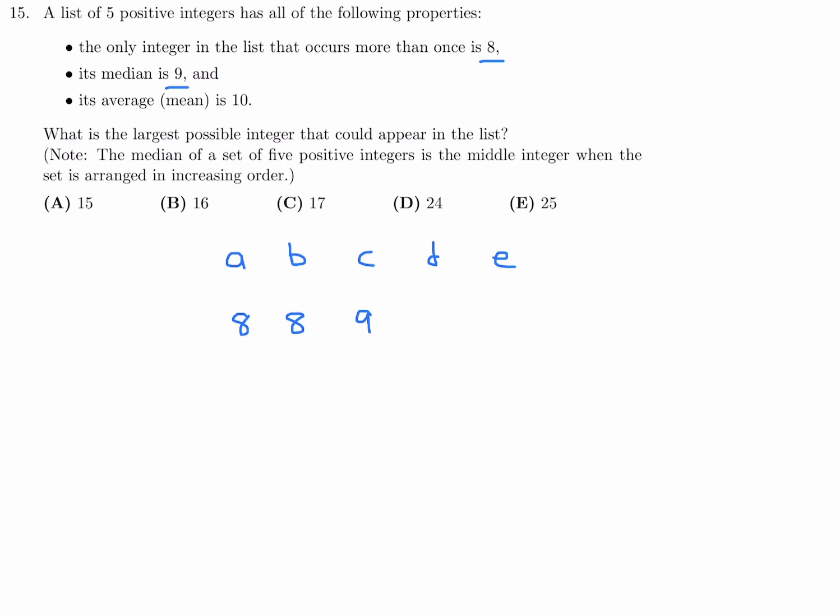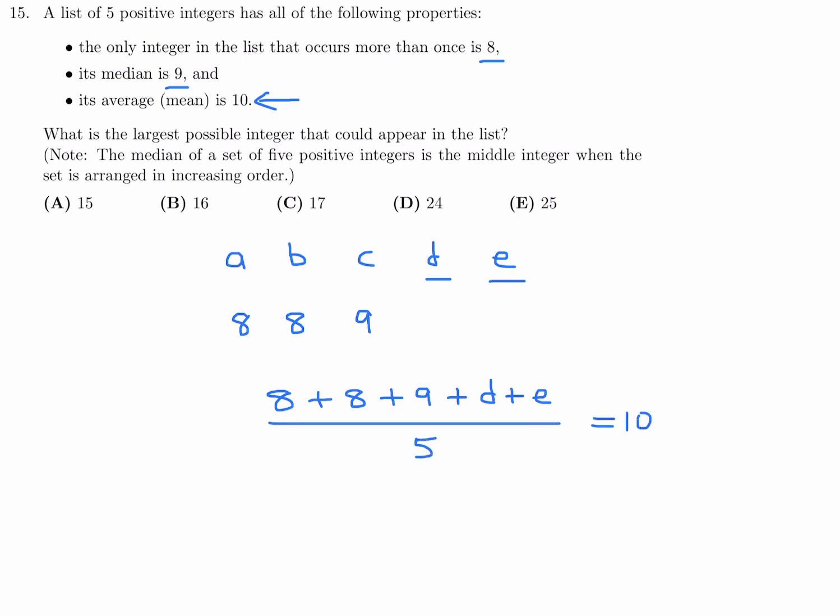So we are just boiled down to what is D and E. And that is where this piece of information comes in. They tell you that the average is 10. So that means if you add up these numbers, 8 plus 8 plus 9 plus D plus E, then divide by 5, that's going to be 10. So 8 plus 8 is 16, 16 plus 9 is 25, plus D plus E is going to be 5 times 10 if you cross multiply.